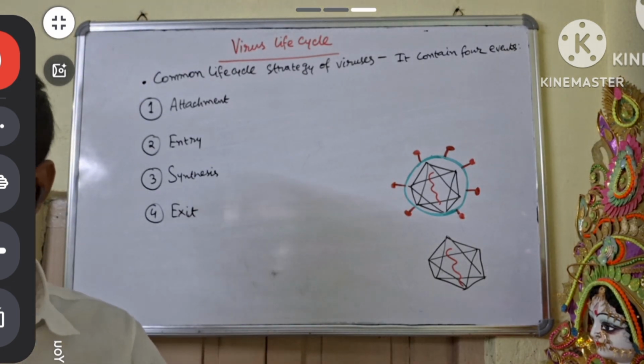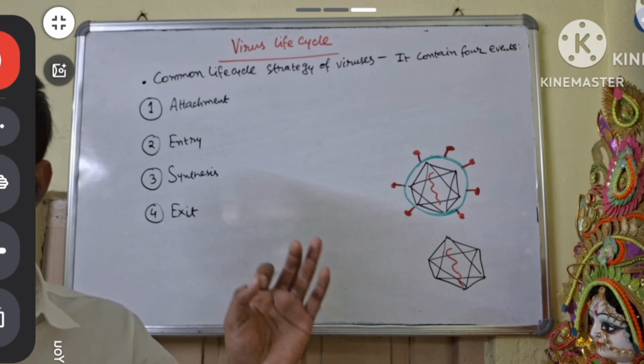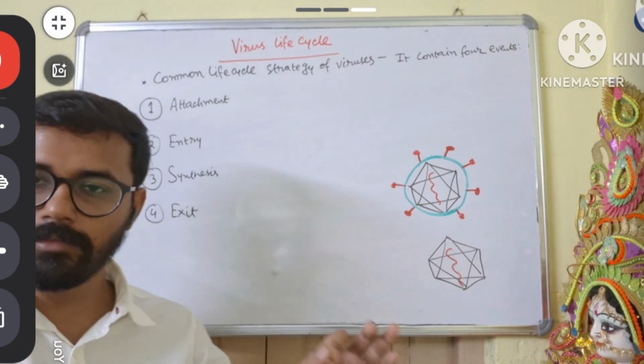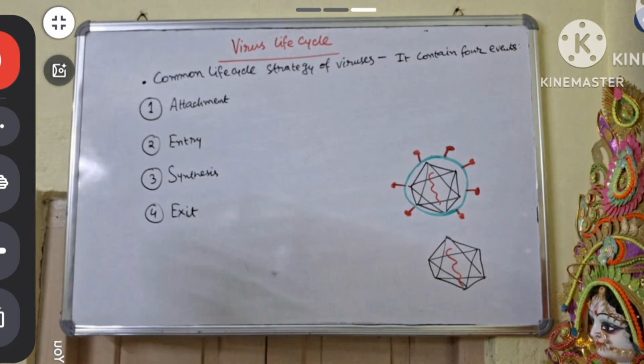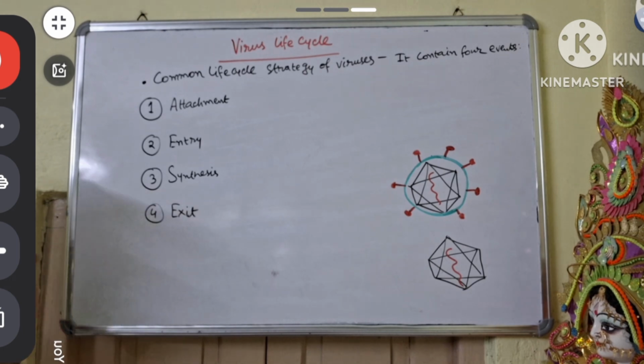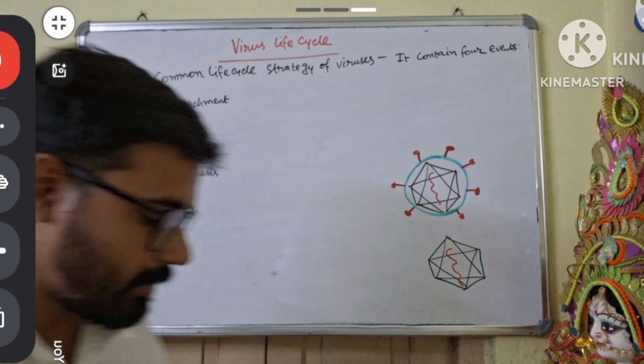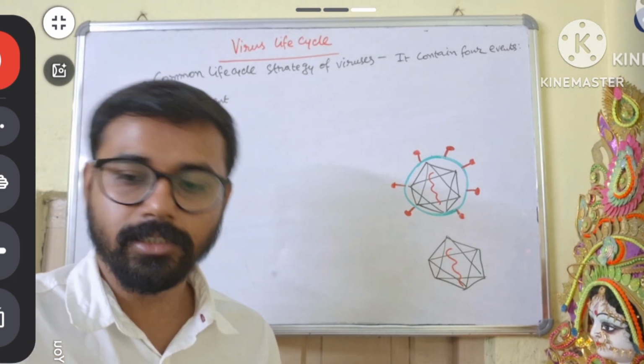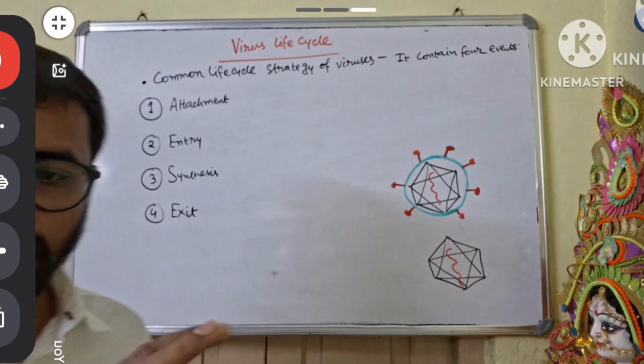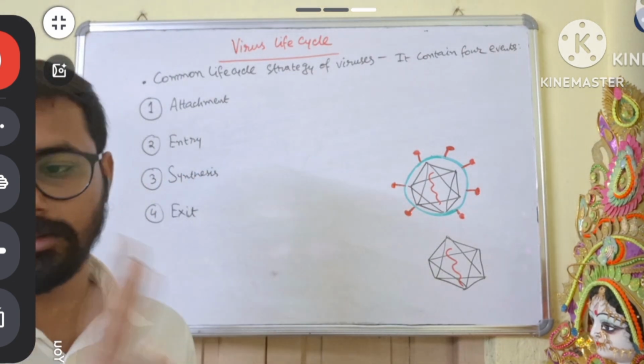In a simpler way, AESE: A means attachment, the first E means entry, S means synthesis, and the last E means exit. First, the virus attaches with a particular, specific host.